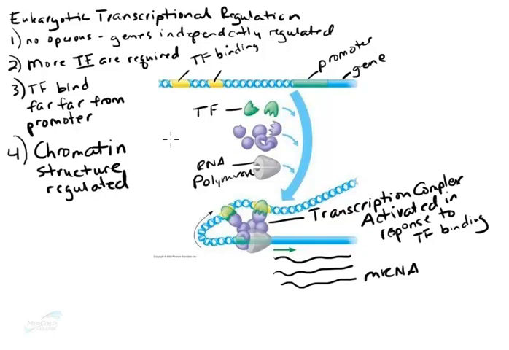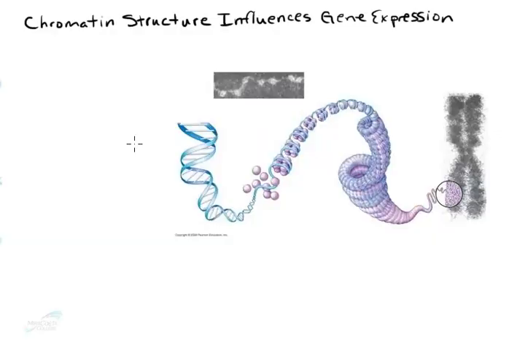All right, so regulating the structure that the DNA is found in rather than by direct interactions of transcription factors with the transcription complex, right? So we can make the chromatin more compact or less compact and therefore indirectly influence how easily RNA polymerase can access the promoter that it needs to find in order to express this gene.